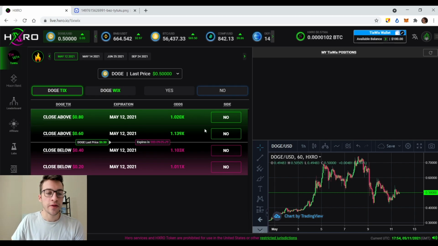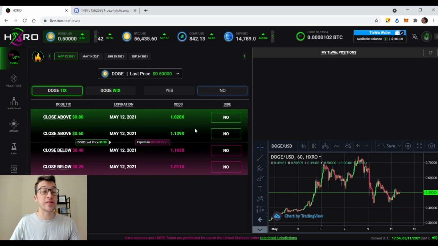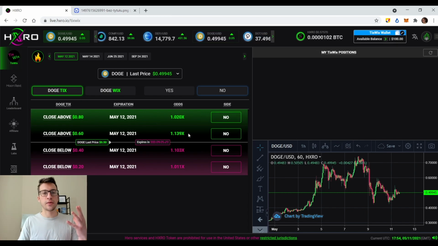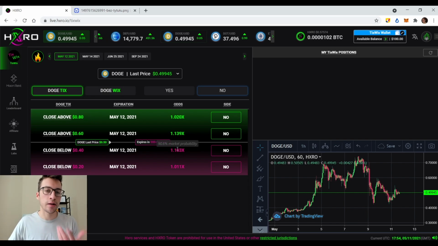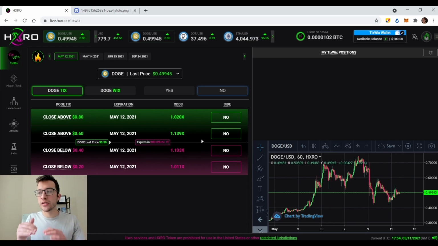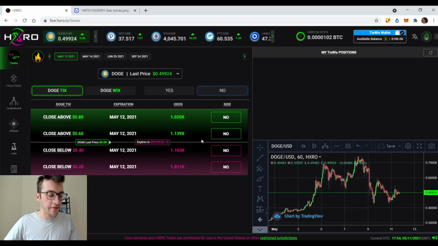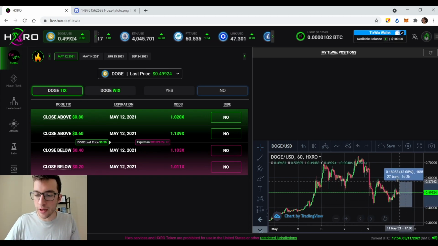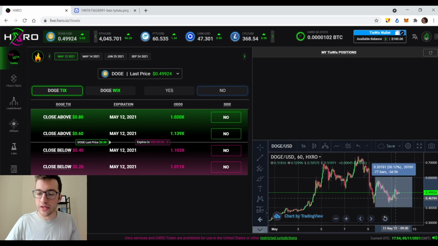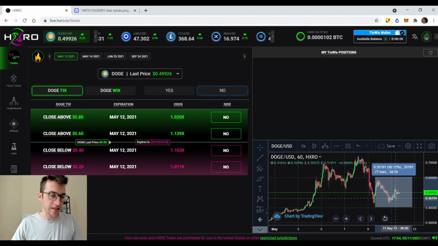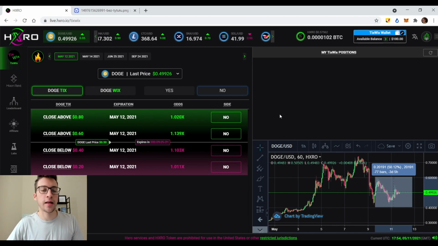Now, if the market closes at, let's say, 10 cents in 9 hours, I would get paid on this one because the market's not closing above 60 cents, and I would lose on this one. So at least one of these contracts will be profitable, but what we really want is both of them to be profitable, which would mean the price stays within this range for the next 9 hours, which I think is very, very likely.